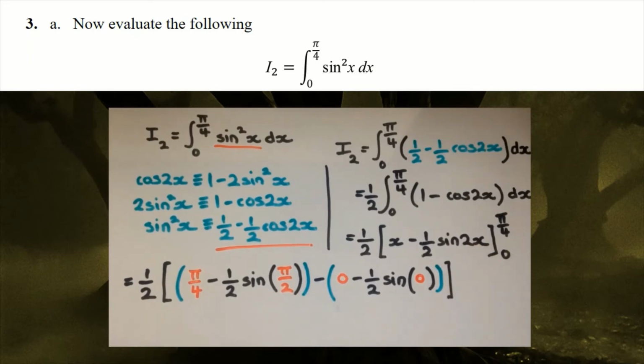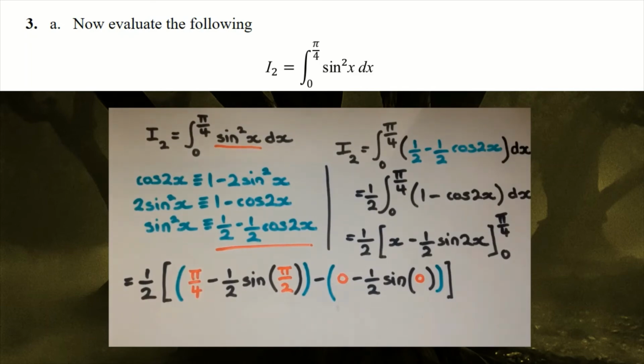So as we saw previously, sine of 0 is 0. This entire term will just become 0. And we have something very, very similar to the previous question. Sine of pi over 2 is 1. So I have 1/4 minus, or subtract, 1/2 of 1, which is 1/2. And all of that will be multiplied by 1/2.